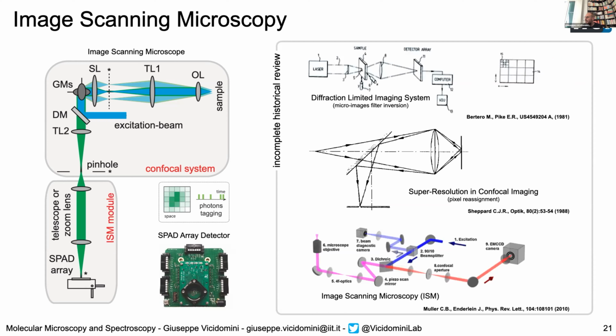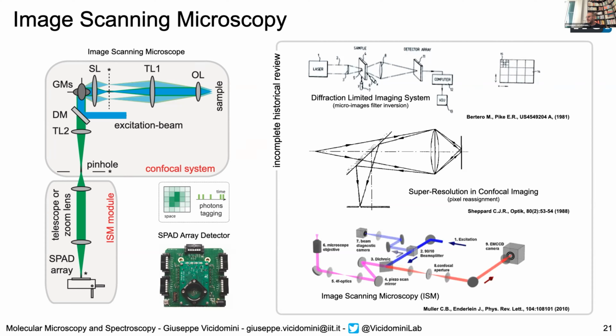I placed this slide because I'm happy to name a few people I work with. Enrico Bertero was one of my PhD supervisors. And the funny thing is that he introduced this technique in the 80s, when I was a kid. The same concept was also developed by Colin Sheppard in 1988.